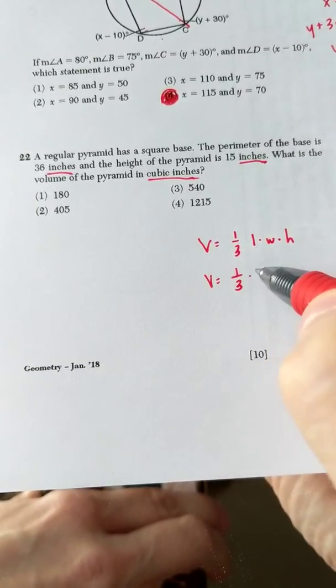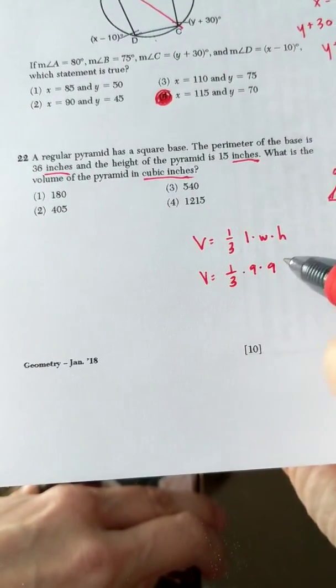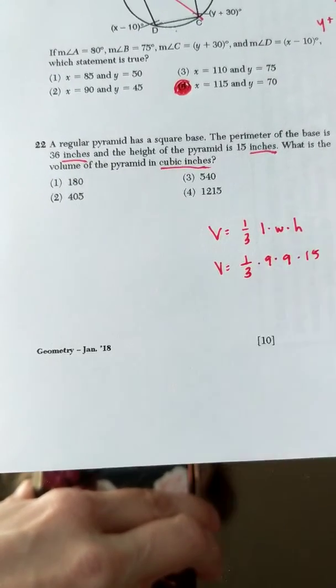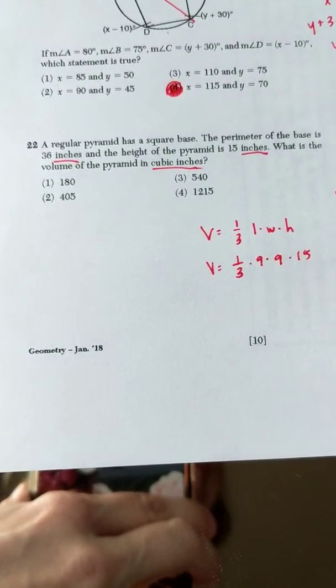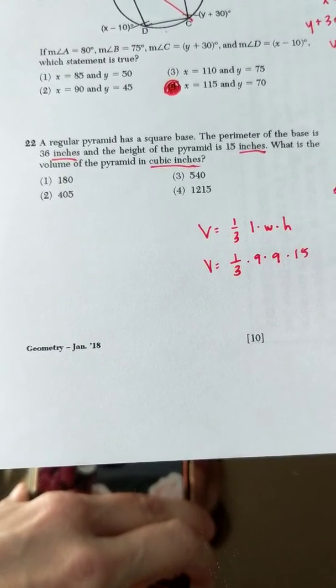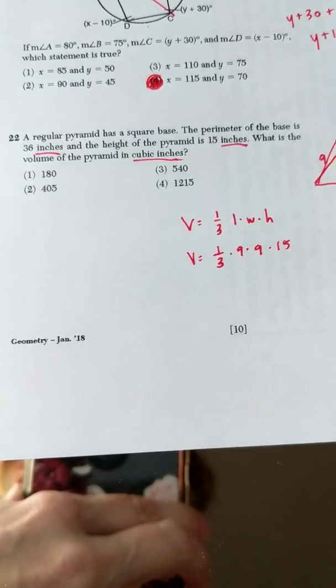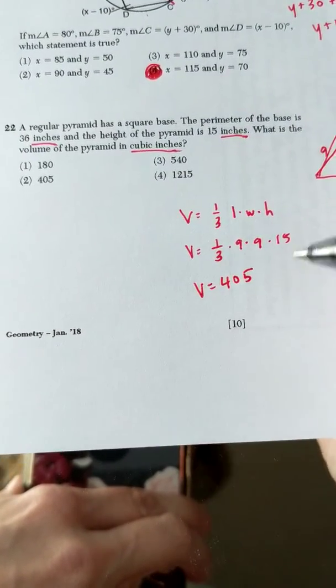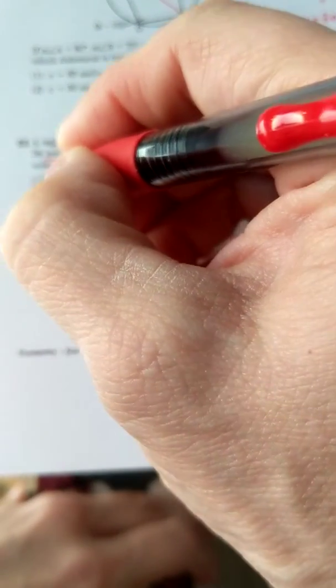All right, so 1/3 times 9 times 9 times 15. And I got 405. The volume equals 405. Choice 2.